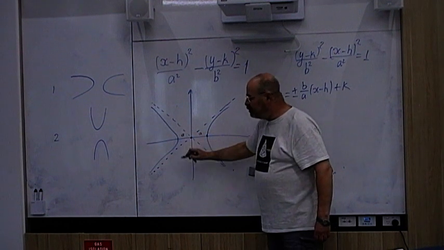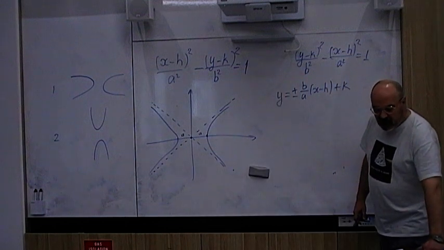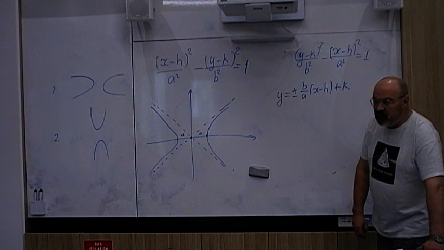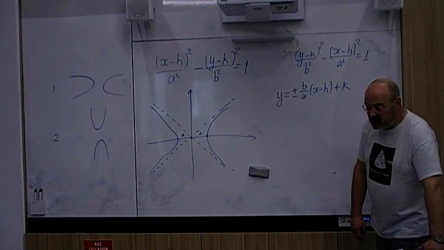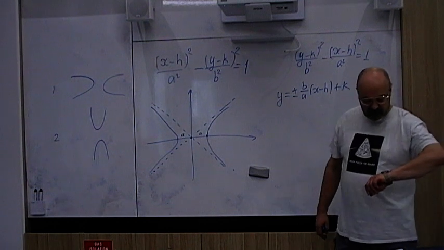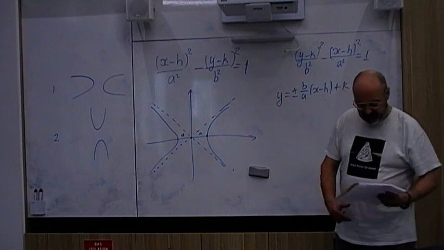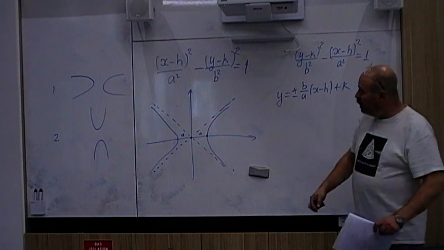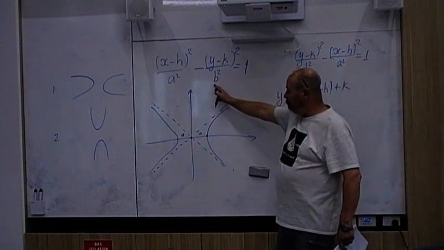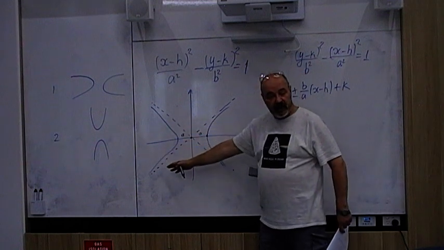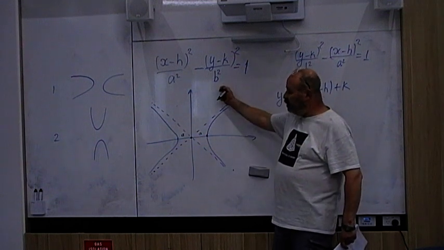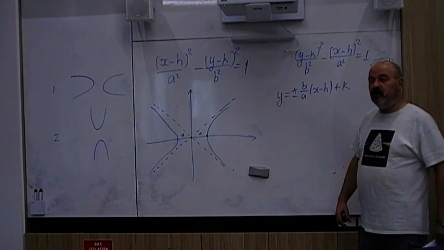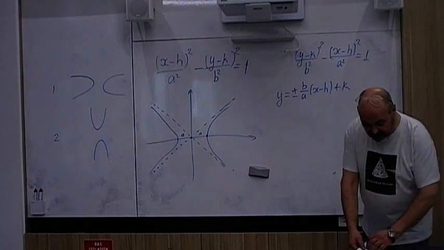In the case of the vertical hyperbola, the distance from the center to the vertices will be b, and then there will be no direct representation of a.